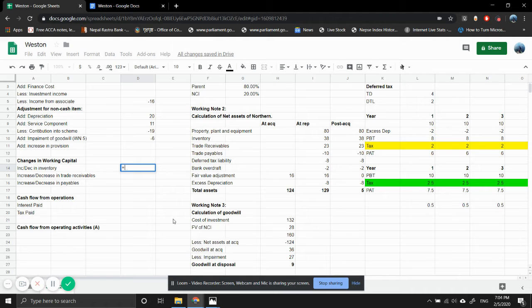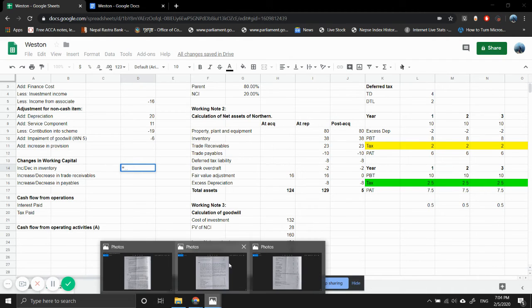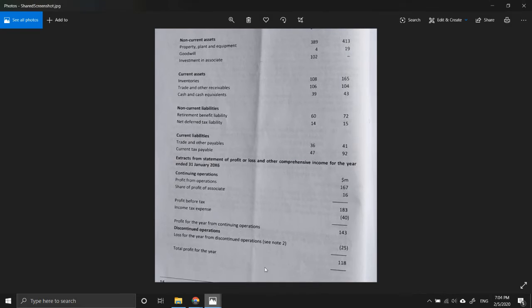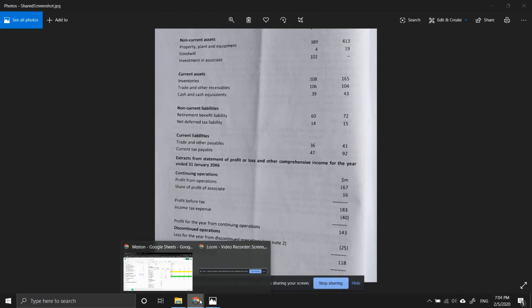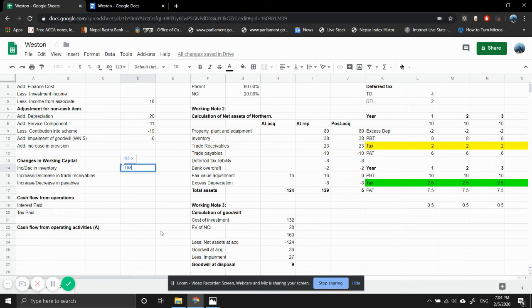So inventory will be, what's our opening figure? 165 and 108, right? 108 plus this figure minus 160. So how much was the total? 146. That means it has decreased, right? 165 minus this.